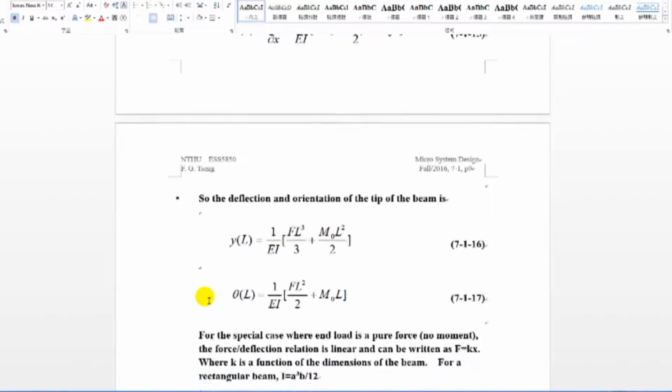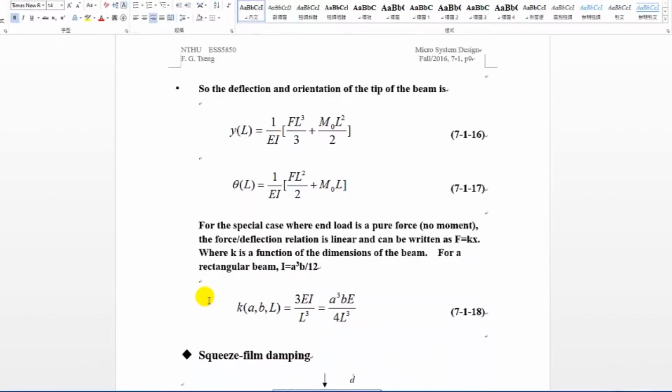If we consider the cantilever beam as a spring, when you apply some kind of force, the spring will give a certain deflection, or extension, the elongation. So we can use the equation to replace the parameters. For example, the spring equation is F equals k times x, where x means the displacement of the spring.